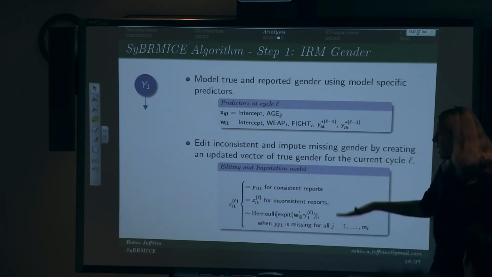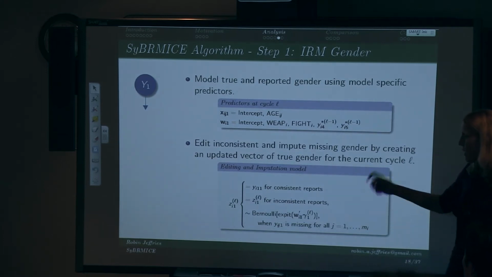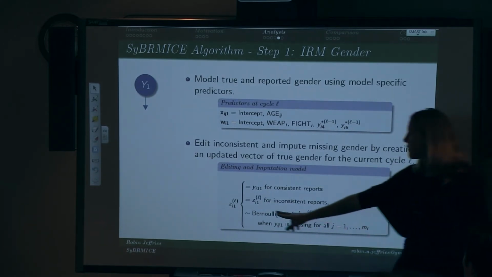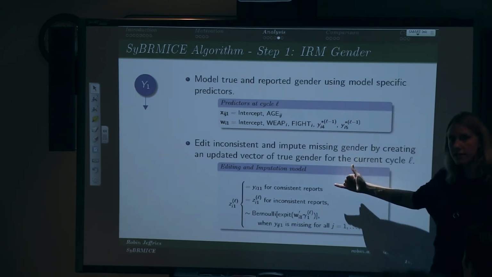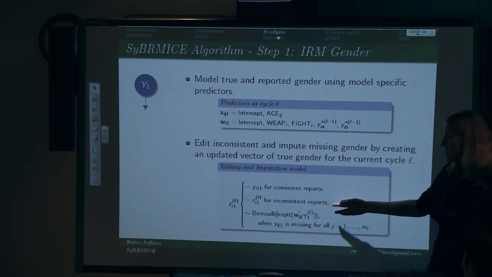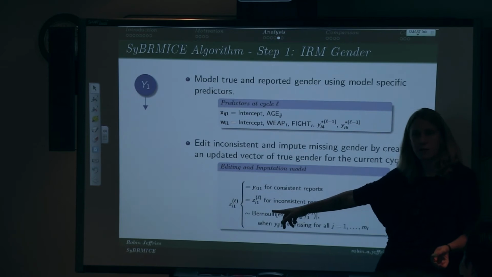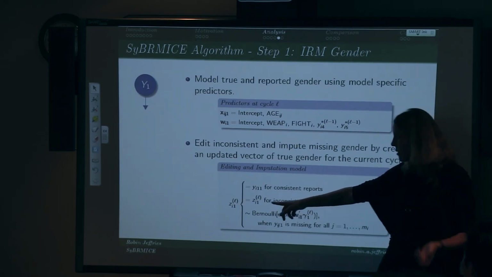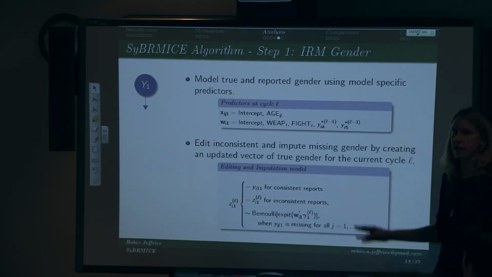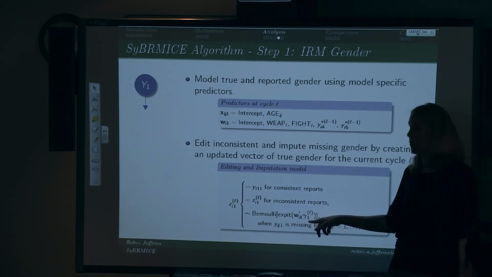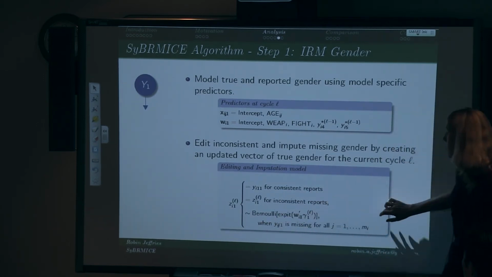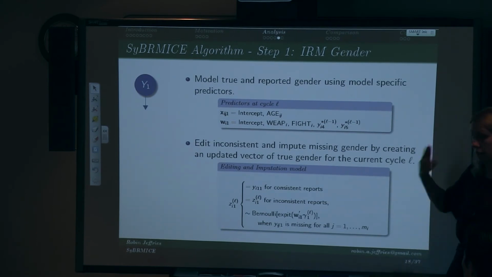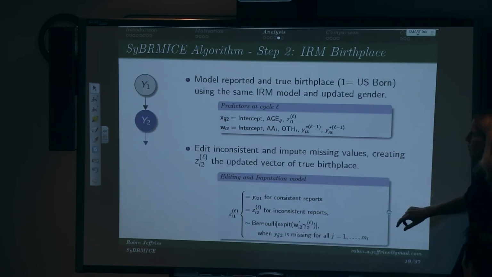And then the editing and imputation model is I'm going to update this true value for gender based off of whether or not it was consistent reports. If it was inconsistent, I'm going to use the sampled value for the true gender. Or if it's missing, I can also use the coefficients from the regression model to predict the true gender, again at each cycle.